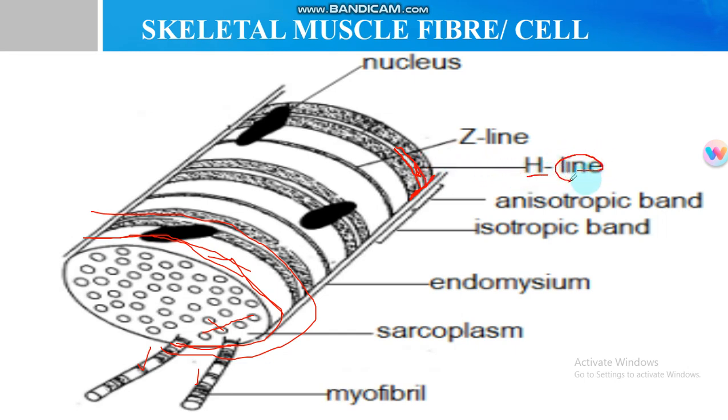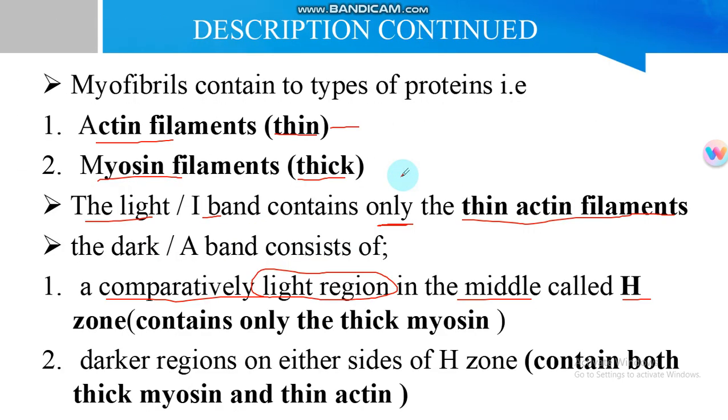It is the H zone. Okay? Then on either sides of this H zone, on this right side and also on the left hand side, there are two darker regions of the dark zone. Those ones contain both the actin filaments and the myosin filaments. So this is what we are talking about.